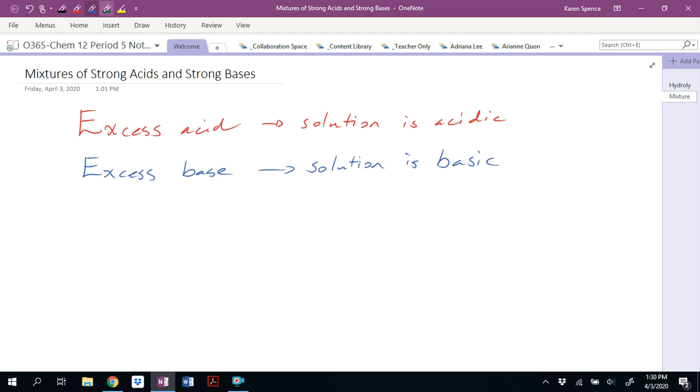And finally, you can have an exactly equal amount of acid and base, so neither the acid nor the base are in excess.